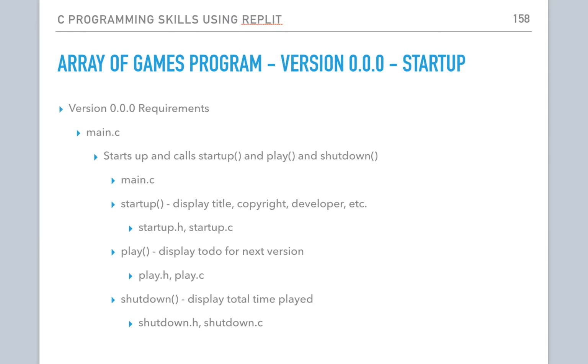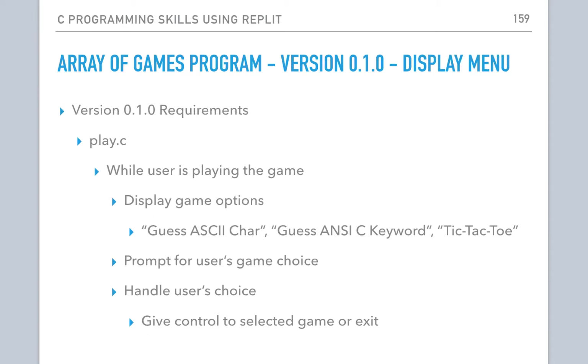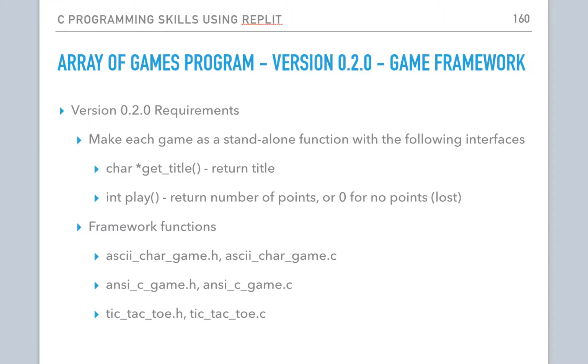So very briefly, in our array of games, we first, in the previous video, focused on doing the startup code. We had a main.c, a startup, a play, and a shutdown. And then we kept adding features to it. We added a menu option so it would display the different games. We made a game framework where each game was in a separate header file and implementation file.